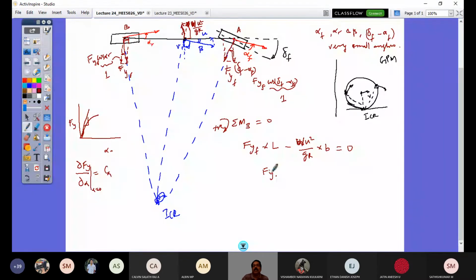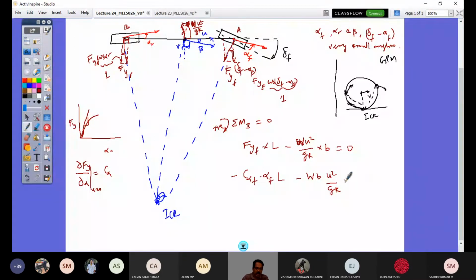So this Fy can be replaced by C alpha F into alpha F, and this alpha F I have to take with a minus sign, as the direction measured here is in the negative direction with respect to the SI coordinate system, into L minus W b U squared by g R, right? So that is equal to 0.